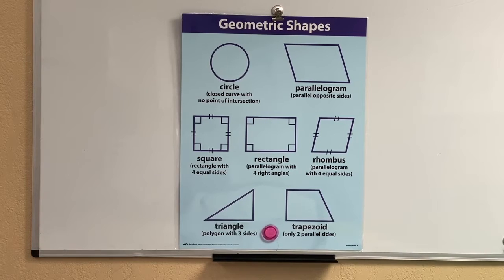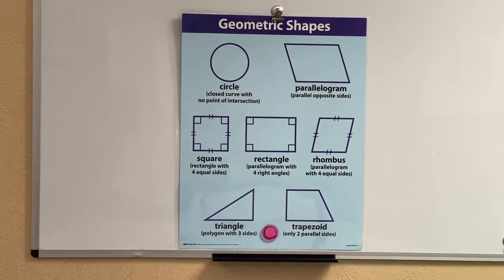The circle. The circle is a closed curve with no point of intersection. The parallelogram has parallel opposite sides. A square is a rectangle with 4 equal sides.